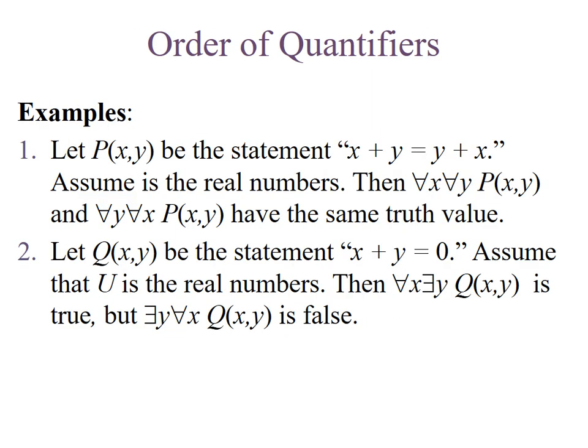Okay, next let's see the order of the quantifiers. Let P of x, y be x plus y equals y plus x. Then for all x, for all y, P of x, y has the same truth value as for all y, for all x, P of x, y.